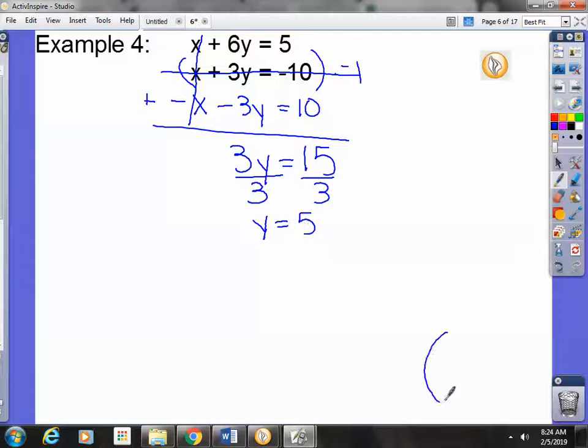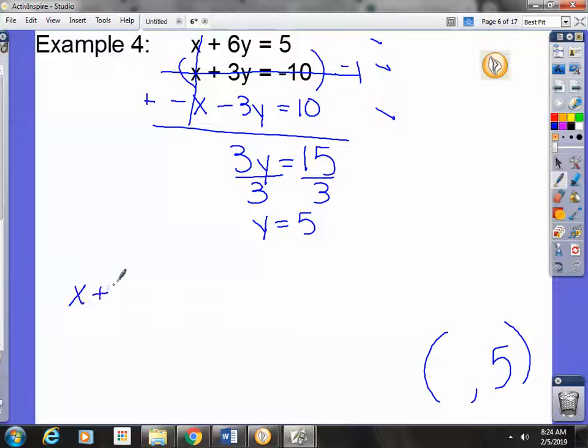So now I'm going to have an ordered pair, and it's going to be something, comma, 5. Let's put 5 back in. I can put 5 into any of those three equations on the top. The first, the second, or even that third equation. It doesn't matter as long as the equation has an x and a y. I'm going to use the first equation.